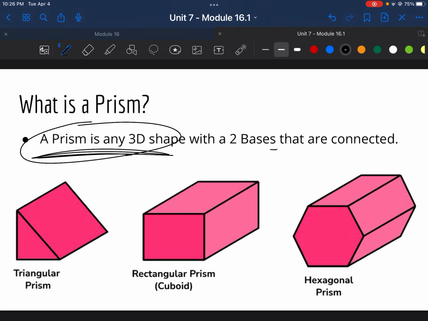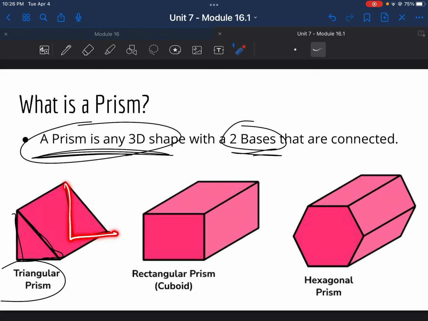A prism is any 3D shape with two bases that are connected at the vertices. So we need any 3D shape with two bases. This triangular prism is a prism because it has two bases that are triangle shaped. There's two bases, one here and one back here, that are triangle shaped. So it's going to be a triangular prism.